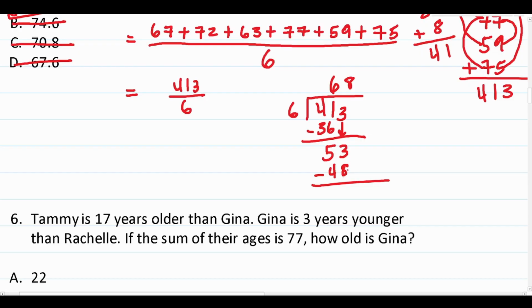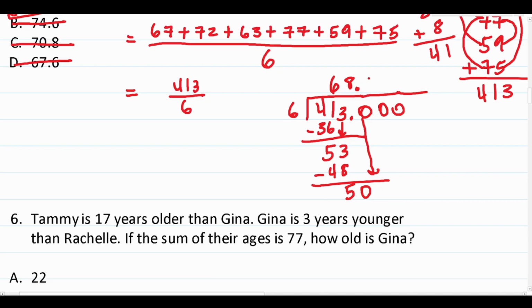53 minus 48 is going to be, well, 48, 49, 50, 51, 52, 53, 5. And again, now we can add our decimal and zeros as needed. I'm just going to tack on a 0. And we can drop this one down. And once you add that decimal, you can bring it up now. And the question becomes, how many times does 6 go into 50 without going over?